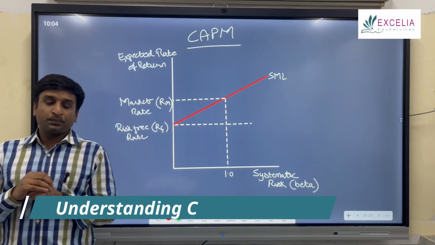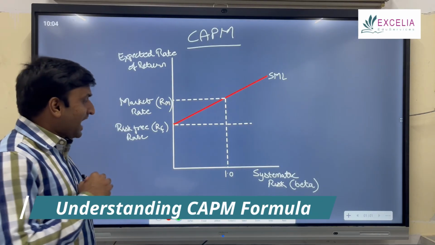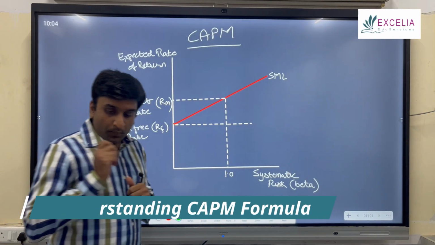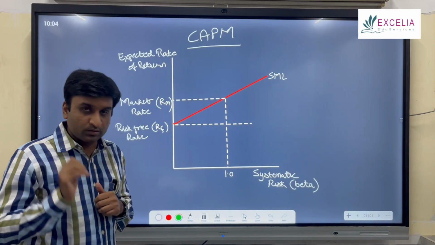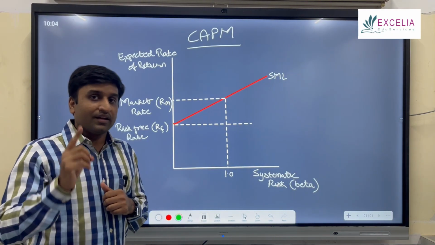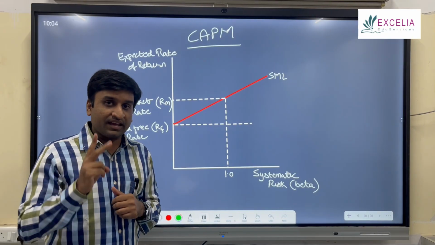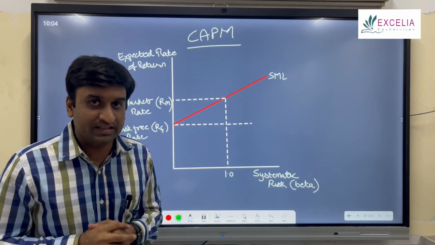The capital asset pricing method is based on the idea that the investor must be compensated for the investment he or she is making in two ways. One is the time value of money, and the second is the risk that he or she is taking.